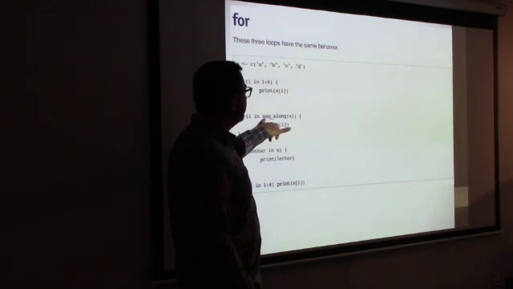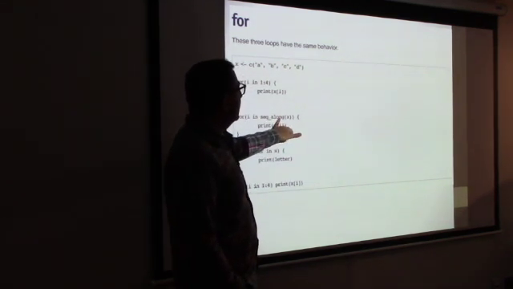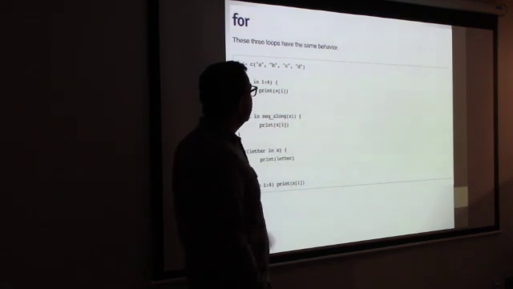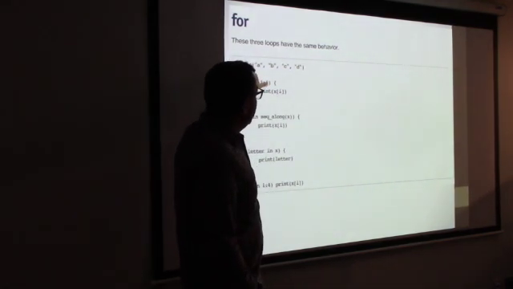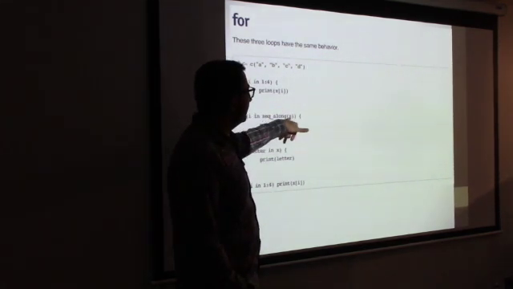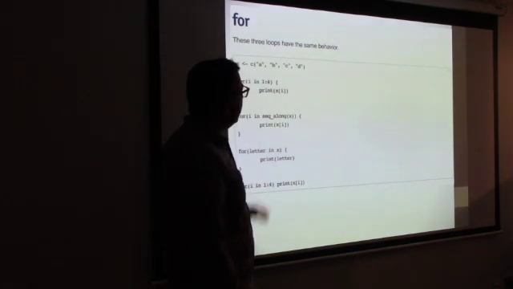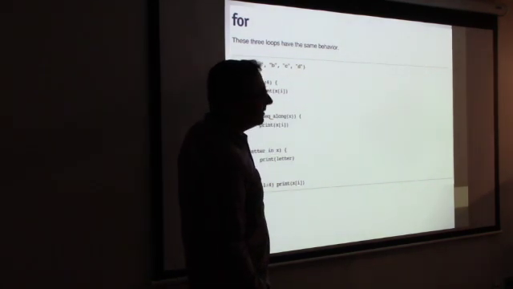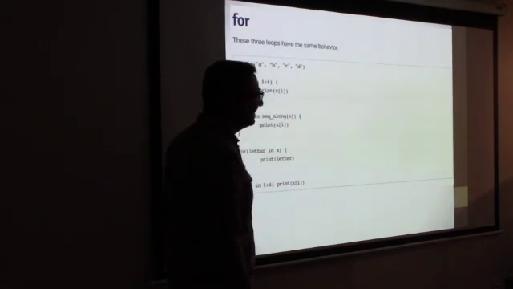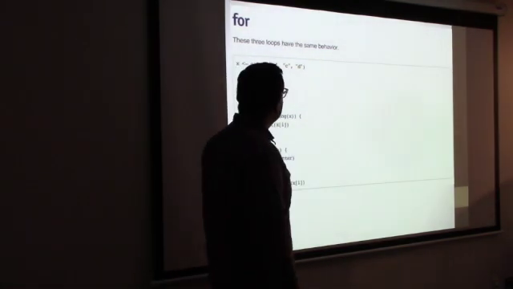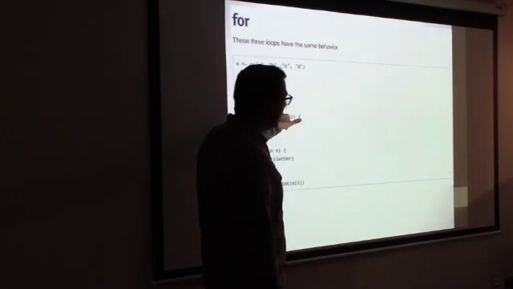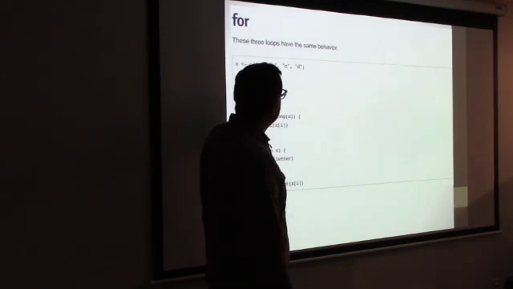Another way is to use the function called seq_along x. What the seq_along function does is it takes a vector and returns the integers from 1 to the length of x. So what is the length of x here? Length of x is 4. There you go. So seq_along will give you numbers from 1 to the length of x, which is 1 to 4.